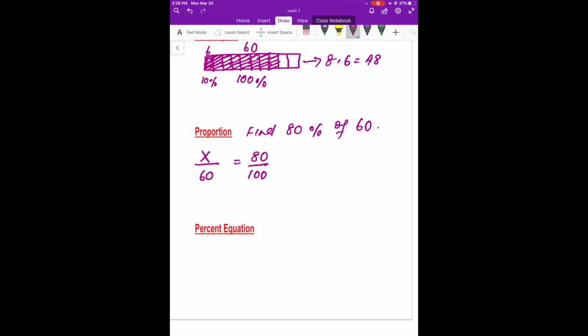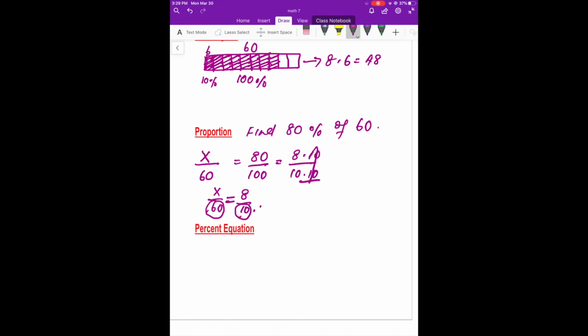And we learned how to solve proportions, how to find the unknown. It's better to use equivalent fractions because here it's very easy, because you can just multiply. You can decompose this as 8 times 10 over 10 times 10. So this is 1. So we get x over 60 equal to 8 over 10. And how do I make the denominators the same? The denominator of this is 60 and here it is 10.